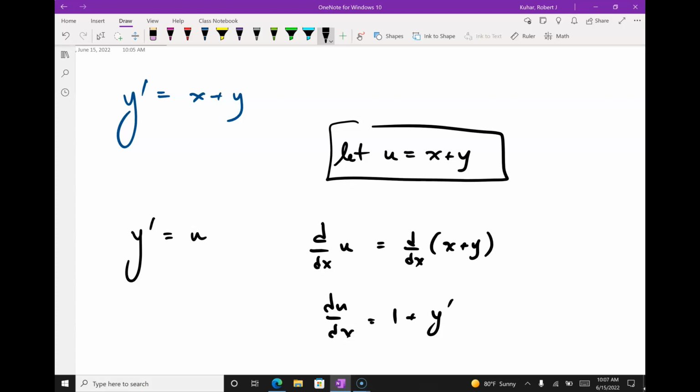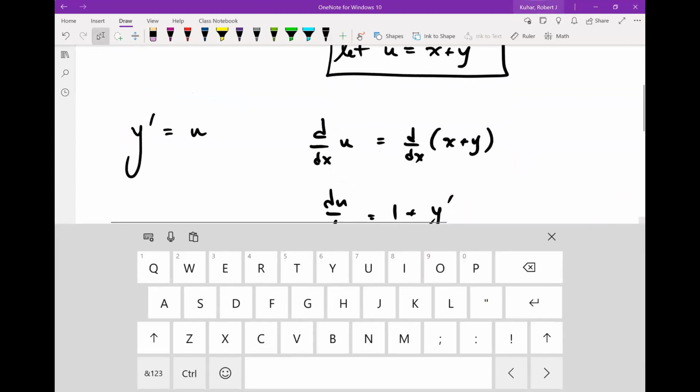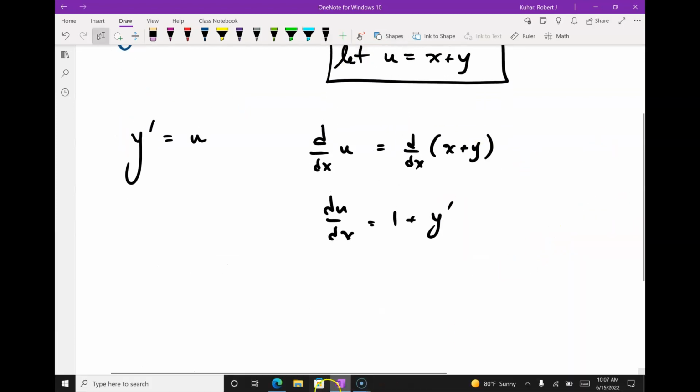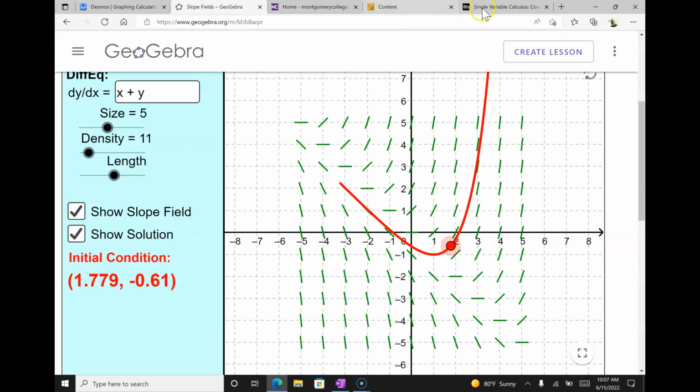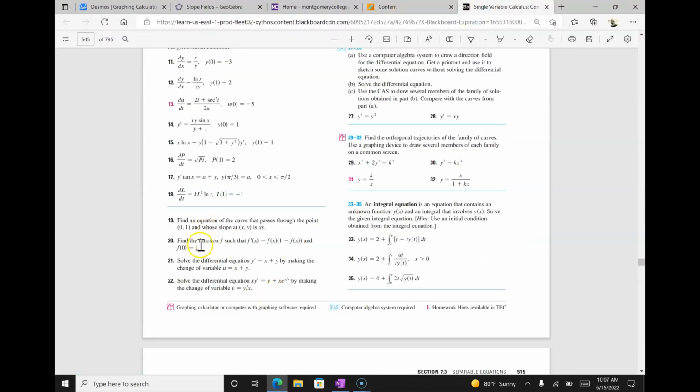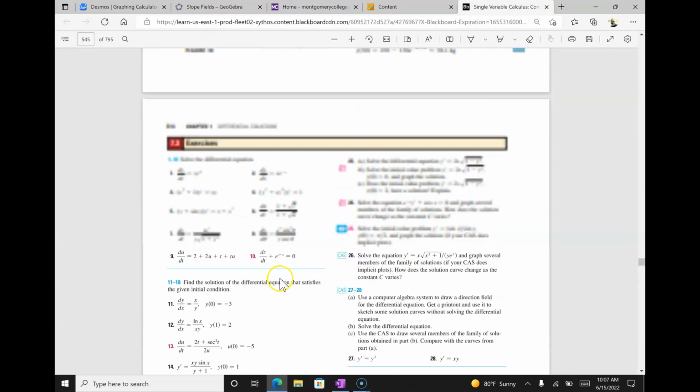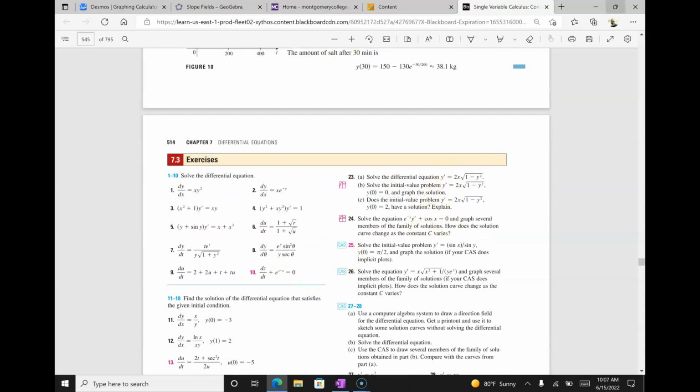So when we do this u sub trick, which is a bunch of problems here in a row in the textbook, where is it? So 19, 20, 21, 22, etc. There's a bunch of them like that. So it's the same trick every time.